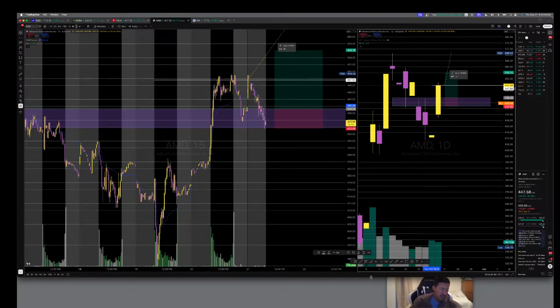It could reject the 0% line, but if it does, what if it goes below? If it goes below, then it should retest and go lower.